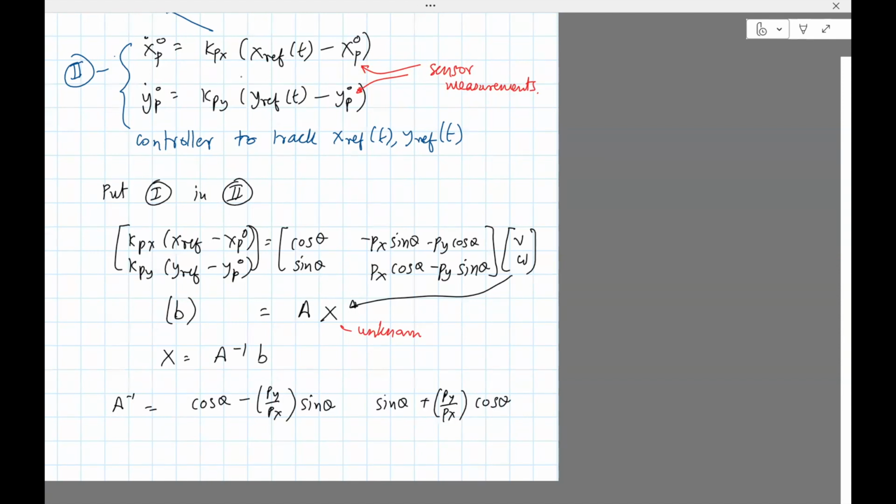That's row 1, and then row 2 is minus 1 divided by px sine theta and 1 divided by px cosine theta.